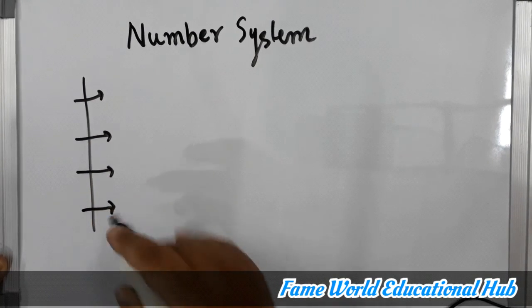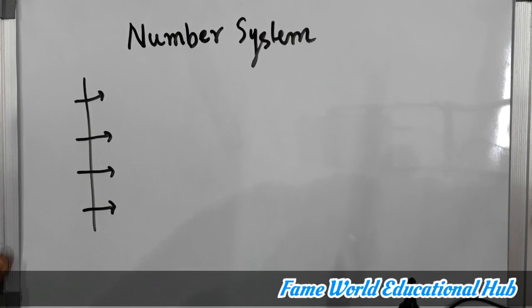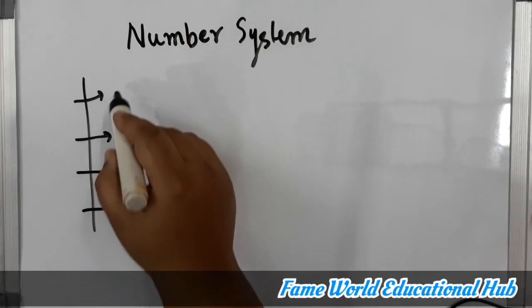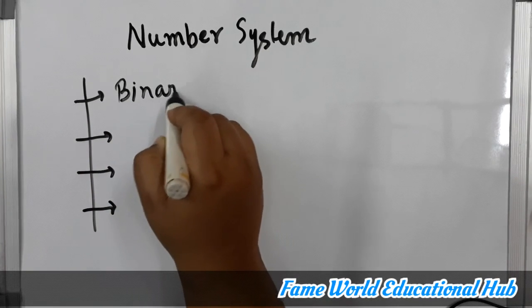Firstly, there are four types of number system, and number system means which kind of number system we are dealing with. First, there is the binary number system.